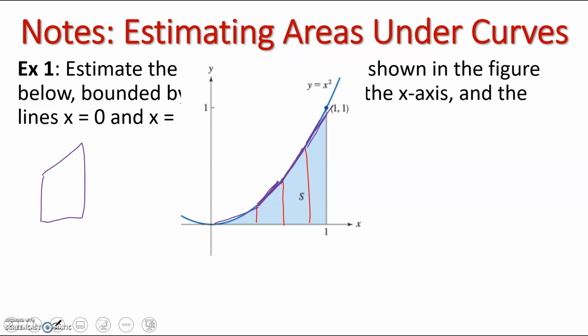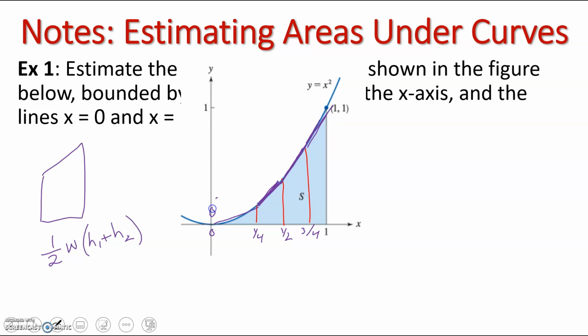And what I'm going to notice, if I remember from middle school and elementary school, is that the area of a trapezoid is equal to 1/2 the width times our two heights, height 1 and height 2. So if we look here, we have our 0, our 1/4, our 1/2, and our 3/4.